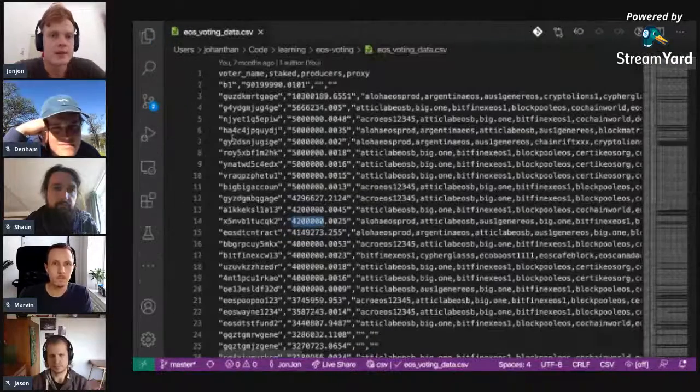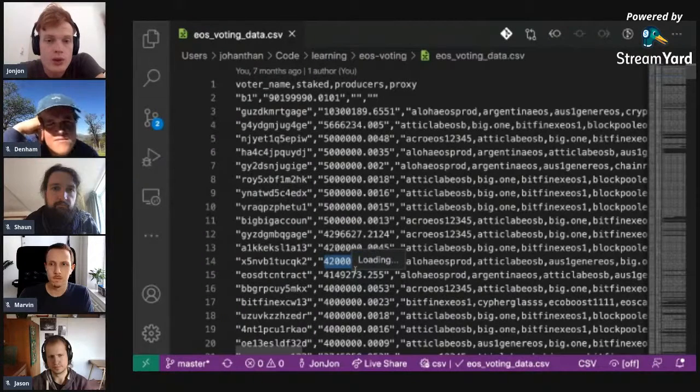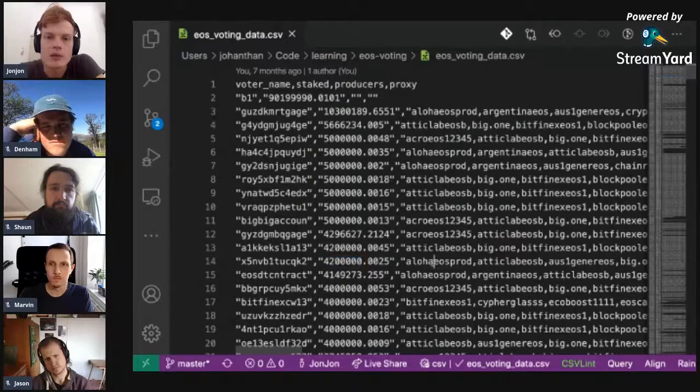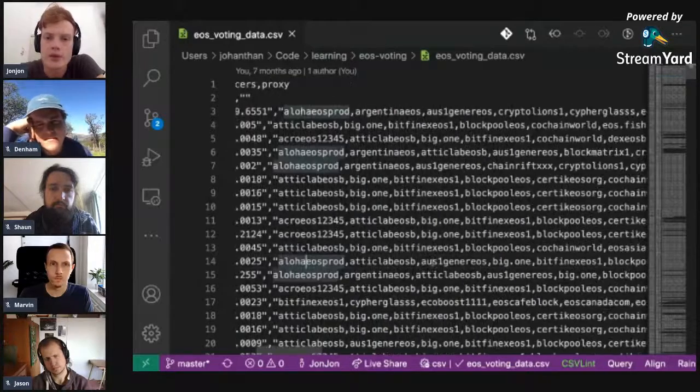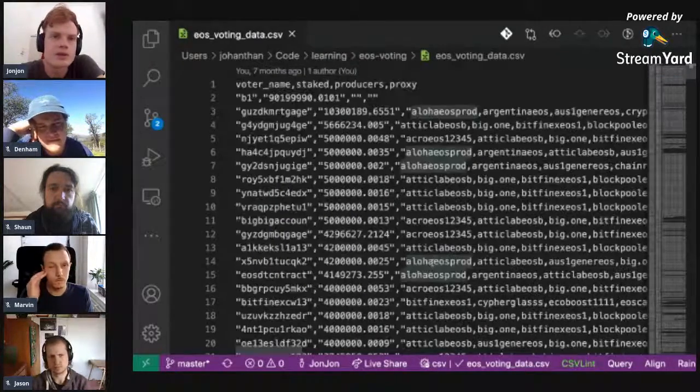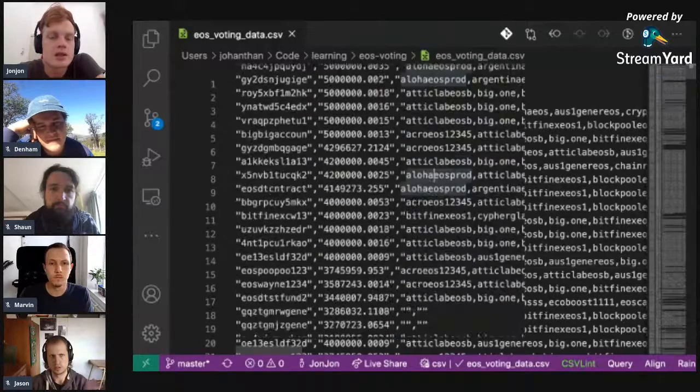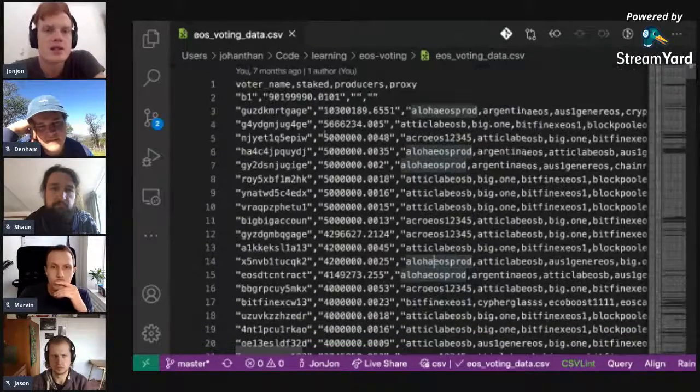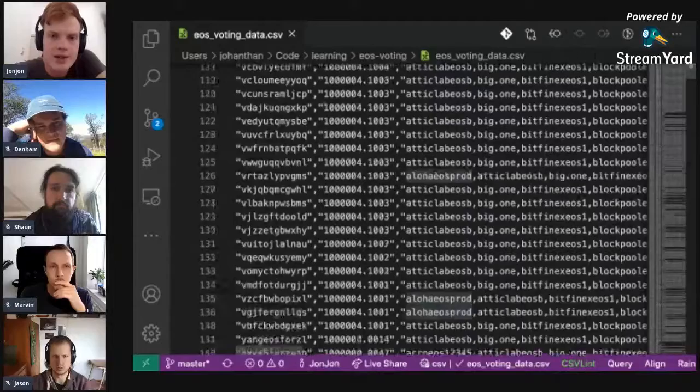You can see this person has staked, what is this, 42 million or 420,000. And these are a comma separated list of all the different block producers they've voted for, essentially.